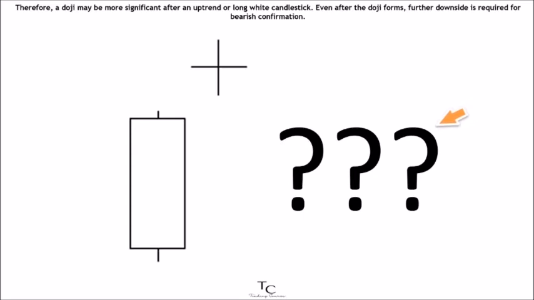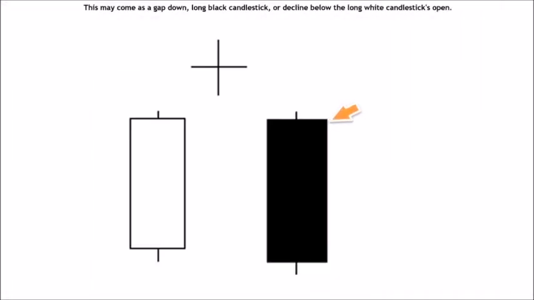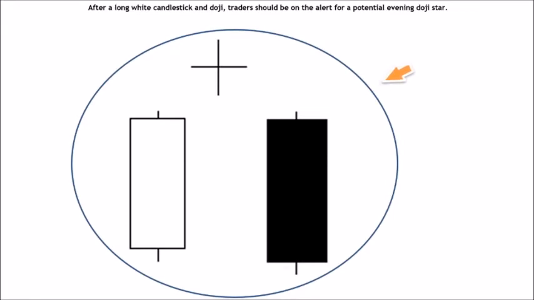Even after the doji forms, further downside is required for bearish confirmation. This may come as a gap down, long black candlestick, or decline below the long white candlestick's open. After a long white candlestick and doji, traders should be on the alert for a potential evening doji star.